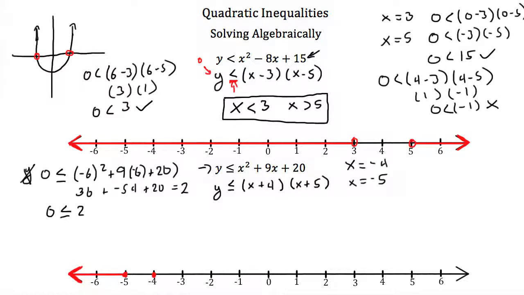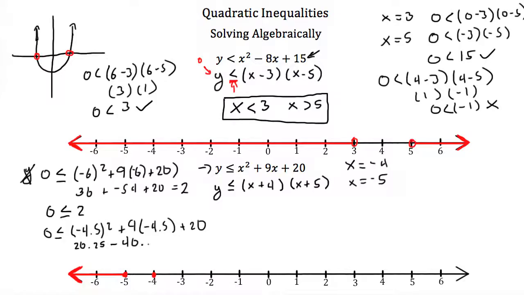Next, we test the point between negative 5 and negative 4. So we'll pick negative 4.5. If we plug that in, we'll have 0 needs to be less than or equal to negative 4.5 squared plus 9 times negative 4.5 plus 20. Negative 4.5 squared is 20.25. 9 times negative 4.5 is negative 40.5.